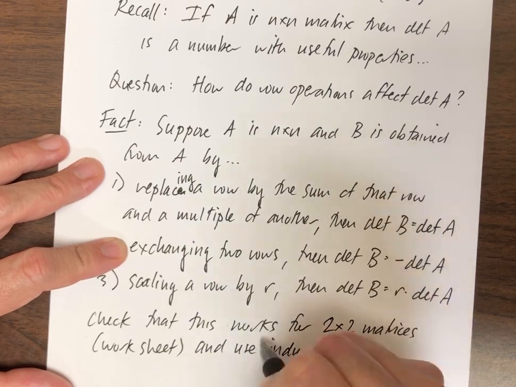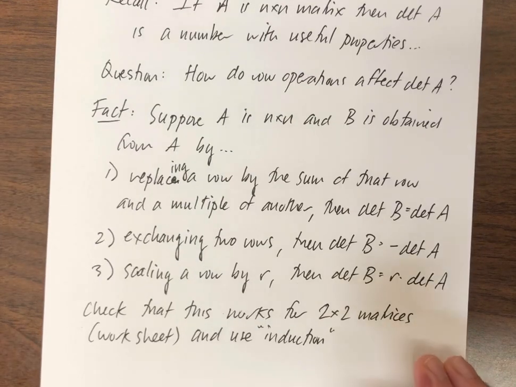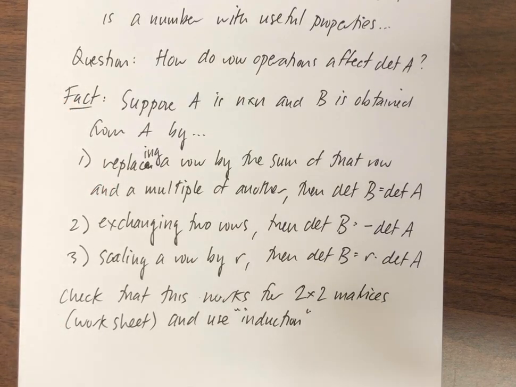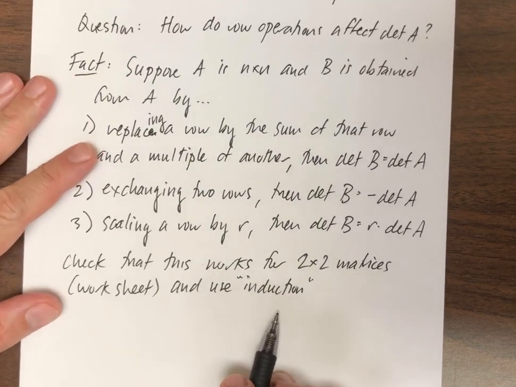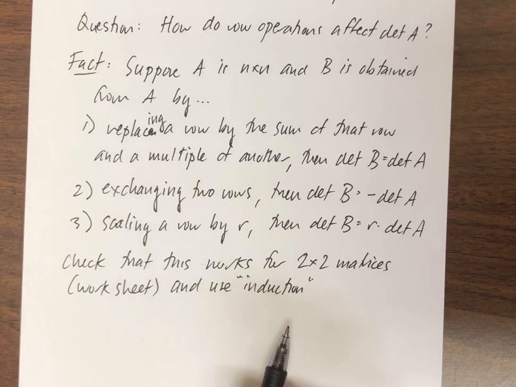And the idea there is that, well, remember that the determinant of an n by n matrix is defined recursively, where you keep taking these smaller determinants to compute. And so if you assume it's true for a 2 by 2, that'll tell you that it works for a 3 by 3 when you apply the formula. And then, well, to do a 4 by 4, you break it up into 3 by 3s, et cetera. Okay, so that's the idea behind induction. I'll let you check the book for the details.